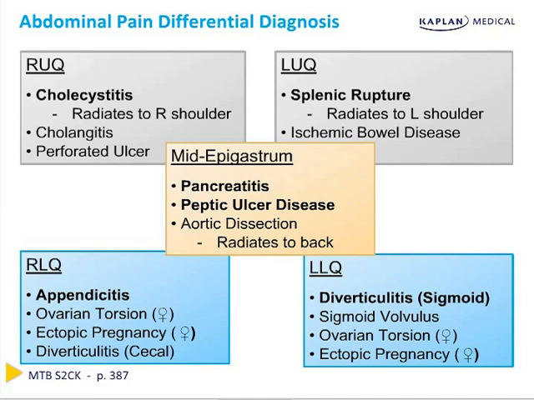And again, since the ovaries are bilateral, torsion and ectopics can also be experienced as left lower quadrant pain. We will cover the bolded diseases in depth later in this lecture, but remembering the most common locations for each of these conditions is an easy way to quickly arrive at a diagnosis.